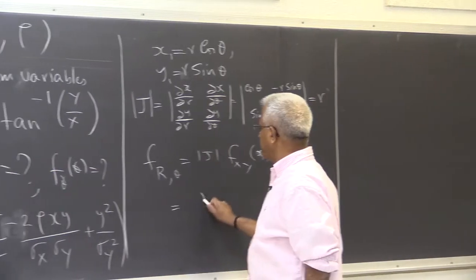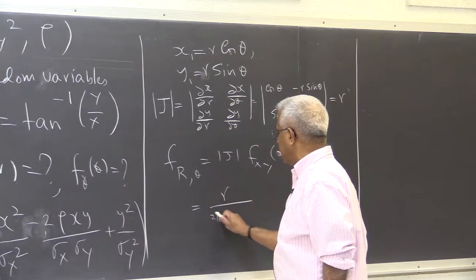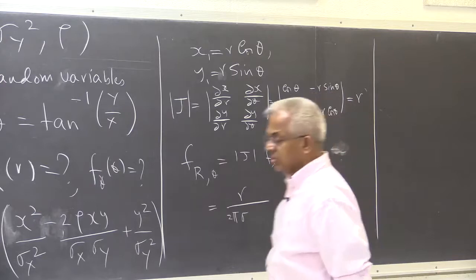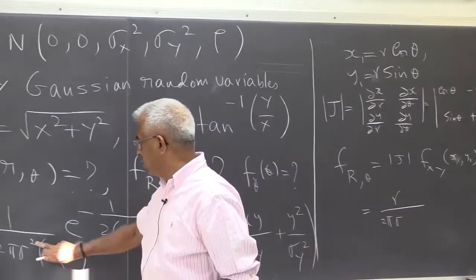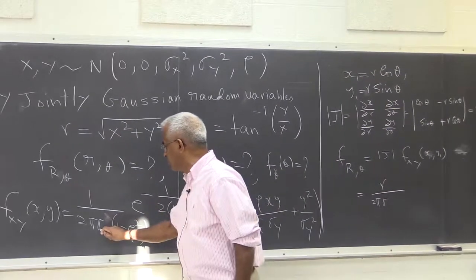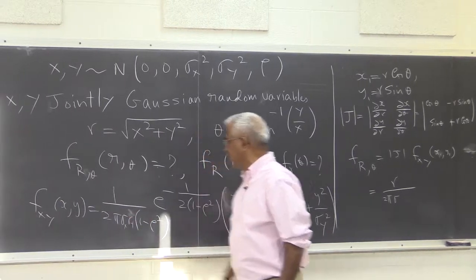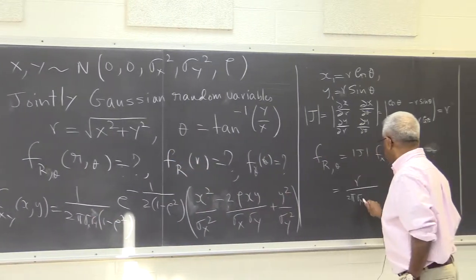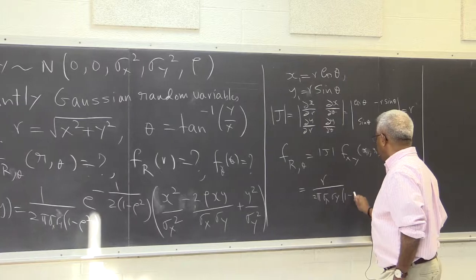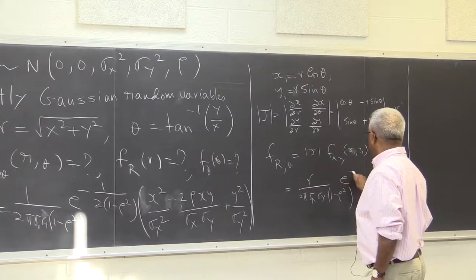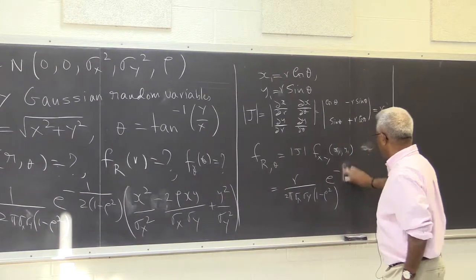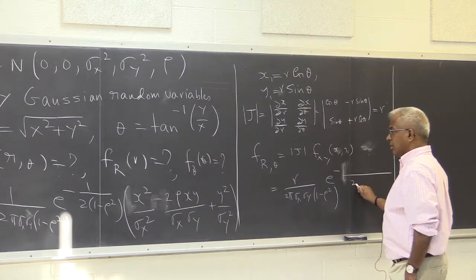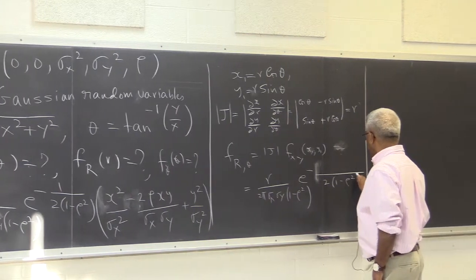This will turn out to be r over 2 pi. Here the sigmas are not the same, so this is sigma x sigma y, square root of 1 minus rho squared, e to the power minus, and here you have 2 multiplied by 1 minus rho squared.